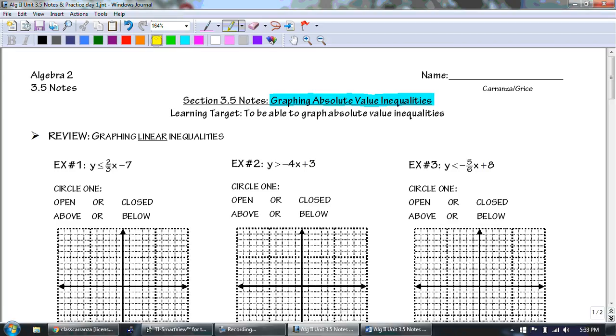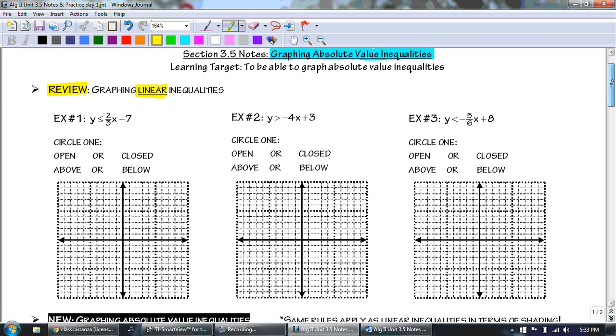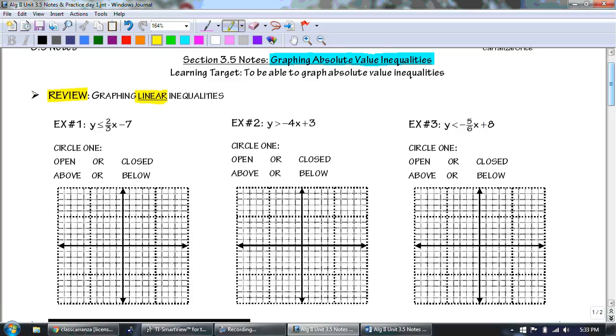So what we're going to do first is start with a review where we graph linear inequalities. Yes, we've done this before. First thing to notice, there are no absolute value symbols. A couple things to remember: less than or greater than are going to be open.